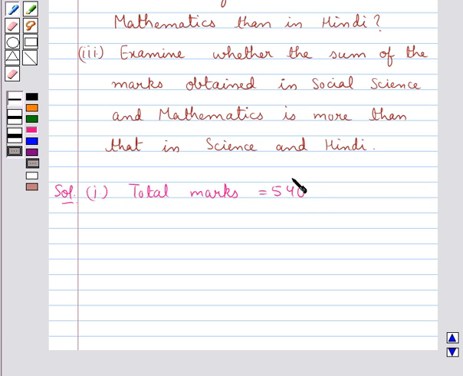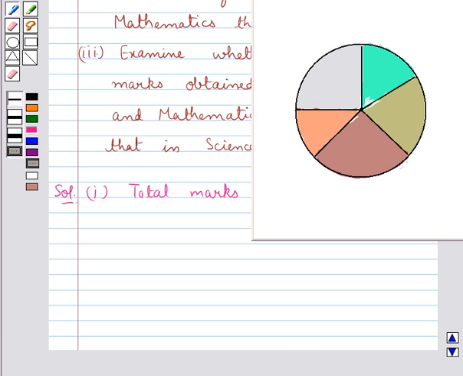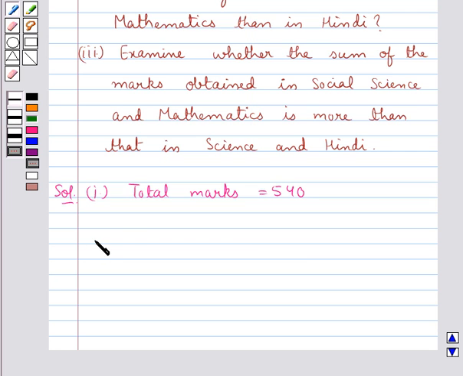These total marks correspond to the complete angle at the center, which is 360 degrees. So we say that for 540 marks, the central angle is equal to 360 degrees.